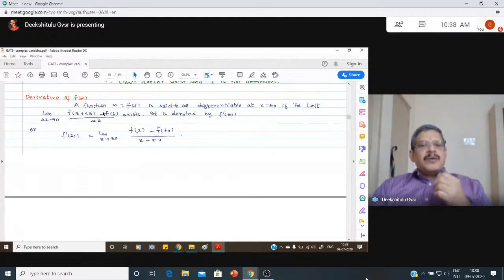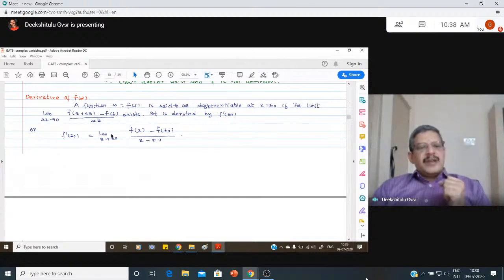But anyhow, because w is a function of z, we first start with f of z. It is said to be differentiable at z is equal to z naught if the limit as delta z goes to 0 of f of z plus delta z minus f of z, divided by delta z, exists, and it is denoted by f dash z naught. The definition is very much similar to what we have learned in ordinary differential calculus.